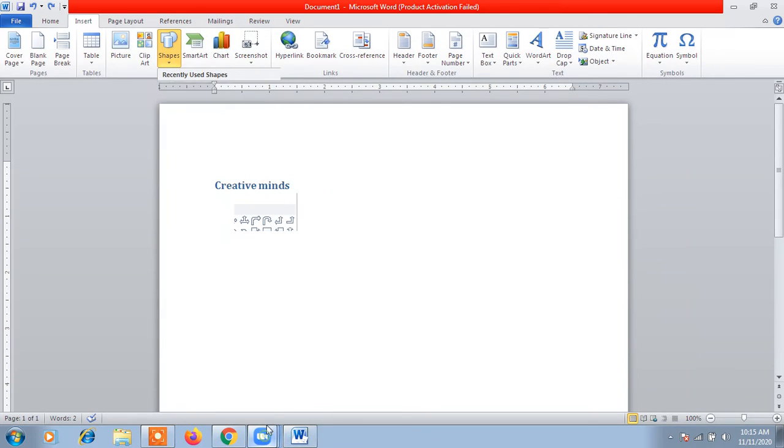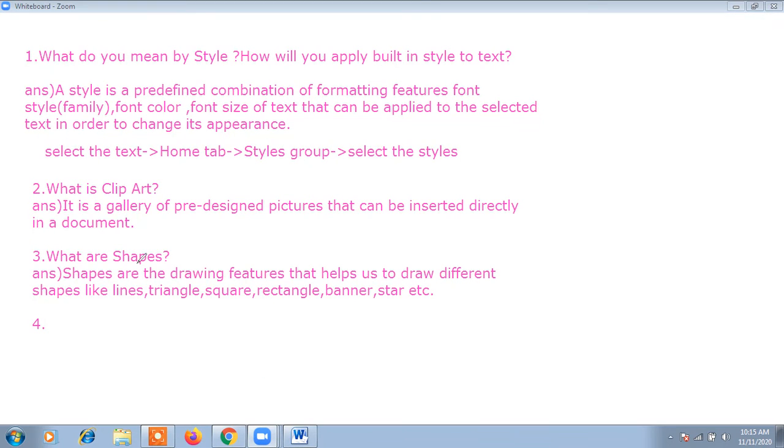You can include arrow also in the shapes. So after lines you can write arrow: lines, arrow, triangle, square, rectangle, banner, star, etc. Okay, so the third question I have discussed.